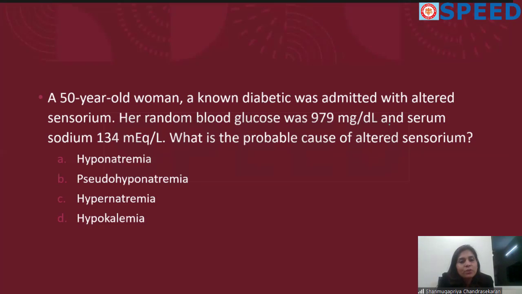And this I've already told you. I thought I'd finish with a practical example. I told you about a 50-year-old woman, a known diabetic, admitted with altered sensorium. Her random blood glucose was 979 milligram per deciliter and serum sodium was 134 milliequivalents per liter. What is the probable cause of altered sensorium?